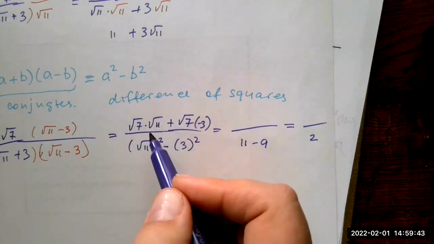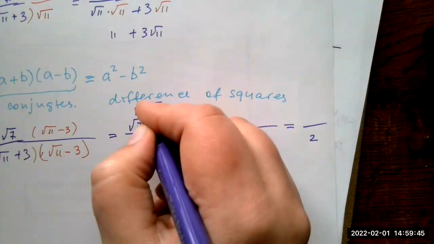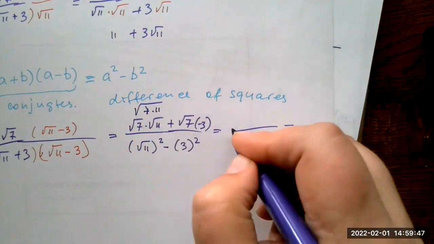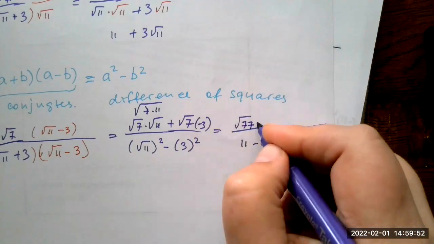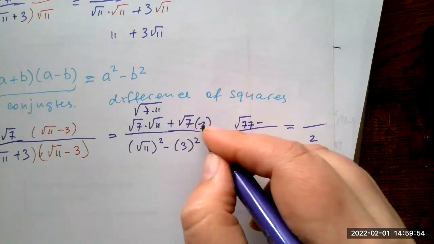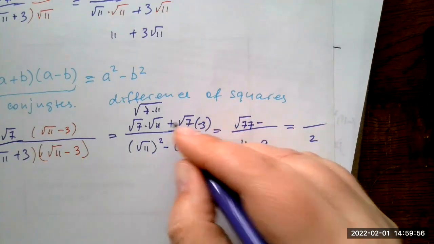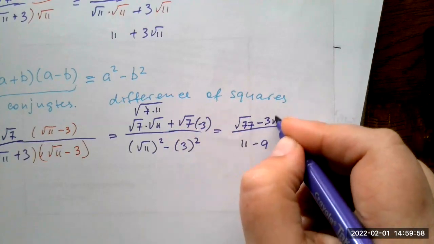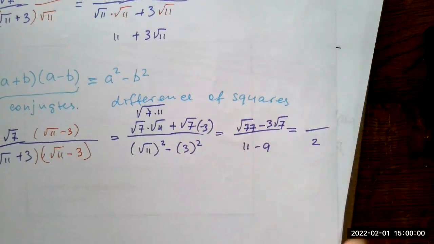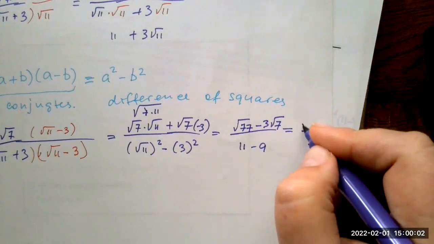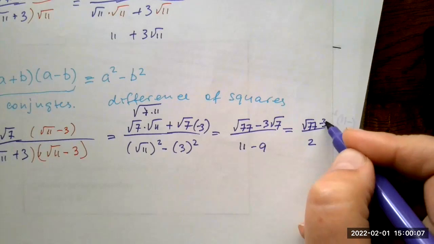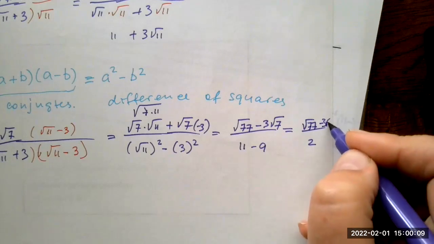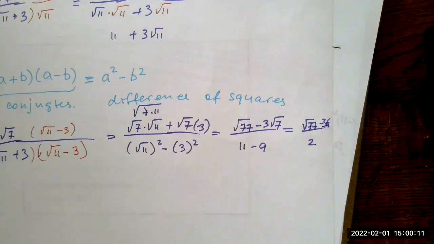So it's going to be a root of 7 times 11. So we have a root of 77 here. And then minus, we're just going to move 3 to the front: 3 roots of 7. That's it. So it's root of 77 minus 3 roots of 7. Okay, so that's what it is.